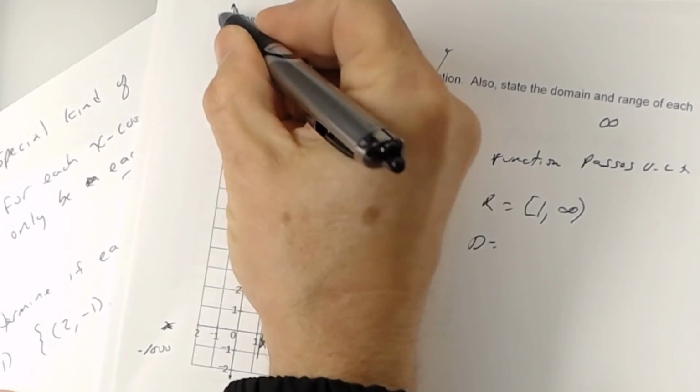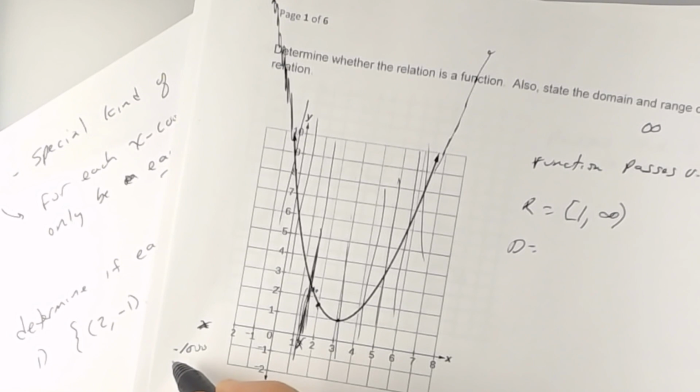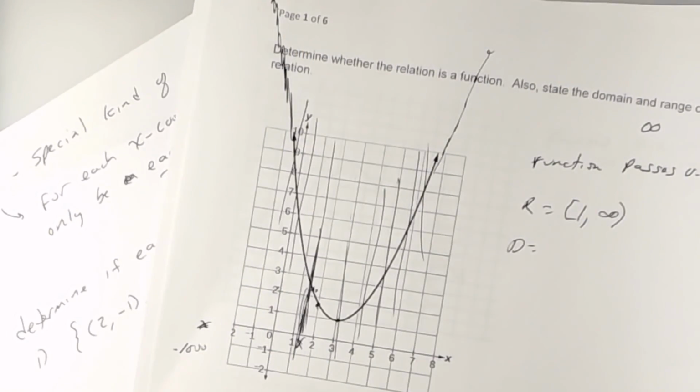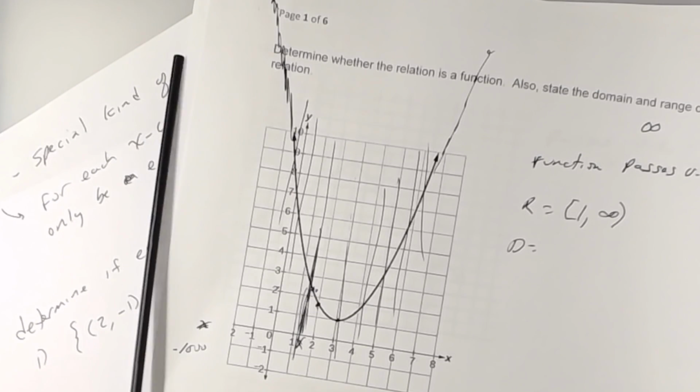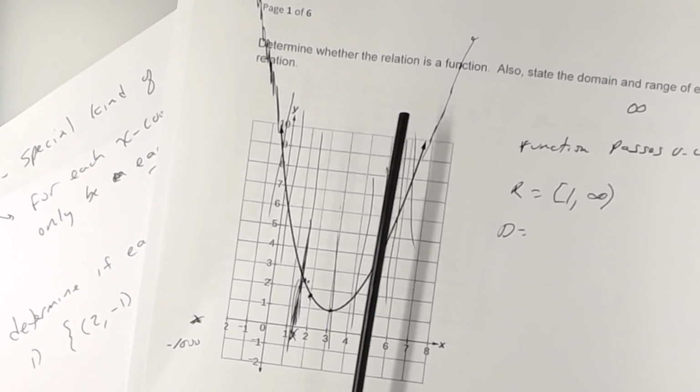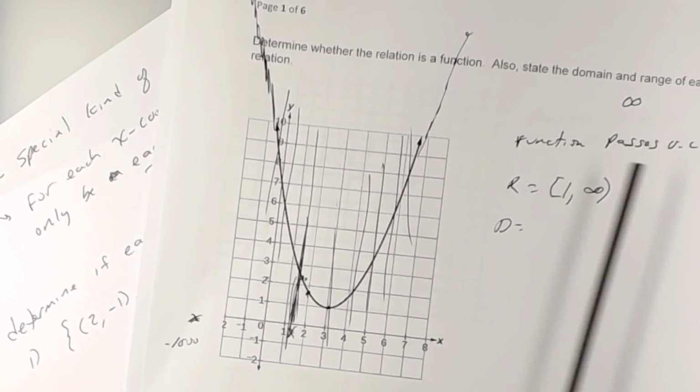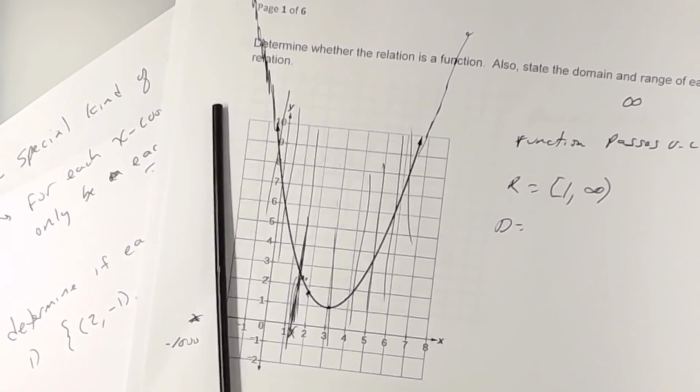So I'm going to ask you this: if this number right here was -1,000, is there a y value on the graph? Yes. If this is -1,000,000, is there a y value on the graph? Yeah. If this is -1,000,000,000, is there a y value on the graph? Yes. So you're going all the way from where? Negative infinity all the way to positive infinity. So your domain, it never stops, right?